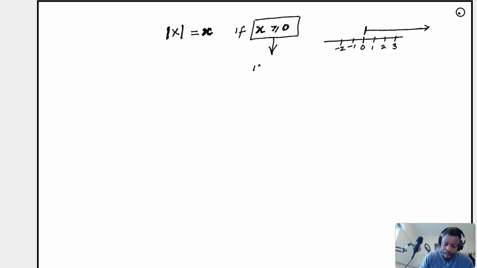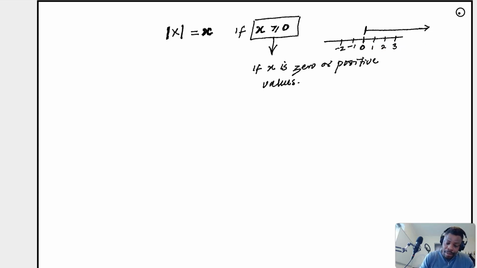And what this means is that x is 0 or positive values. So we can see 0 here or positive values, so 1, 2, 3, it cannot be negative.